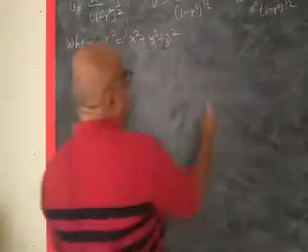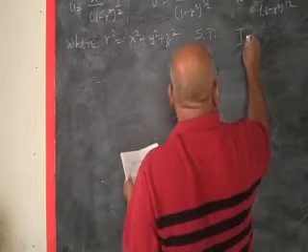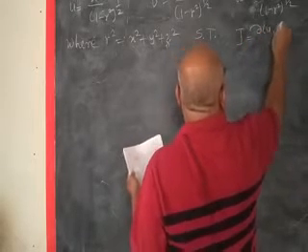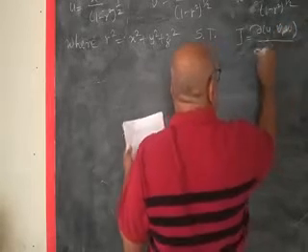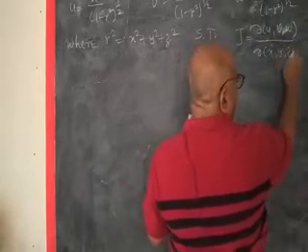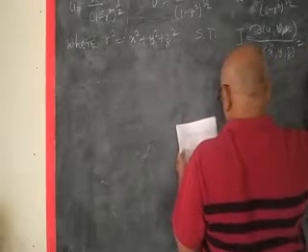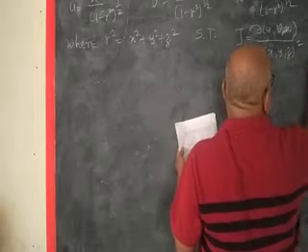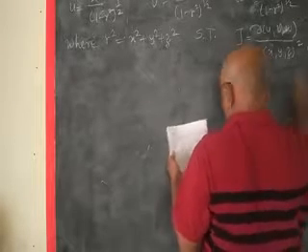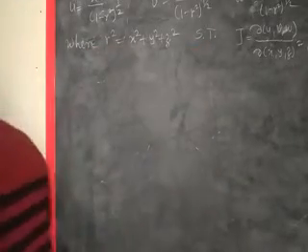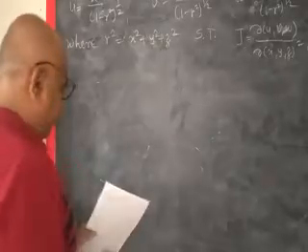Show that Jacobian of UVW with respect to xyz equals to 1 by 1 minus r square raised to 5 by 2.